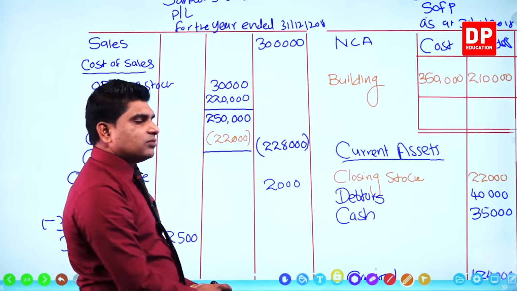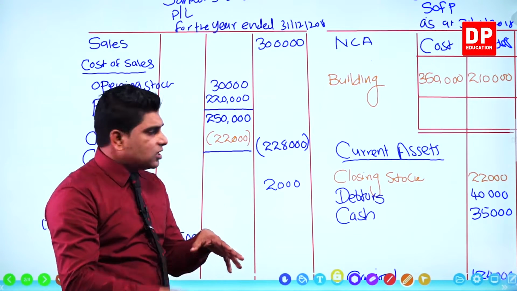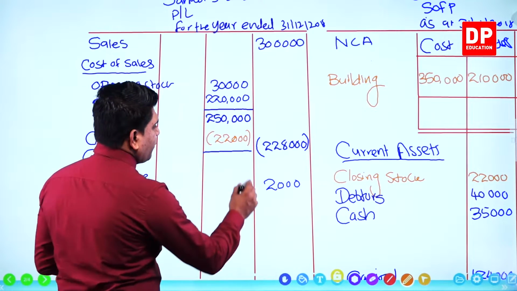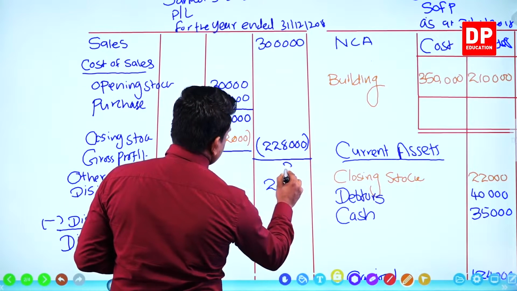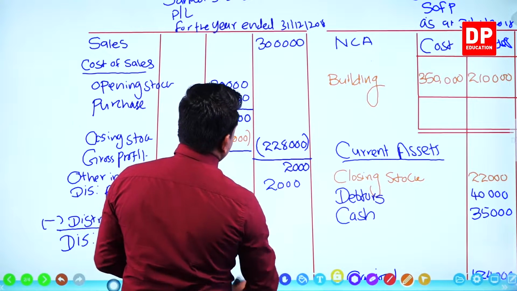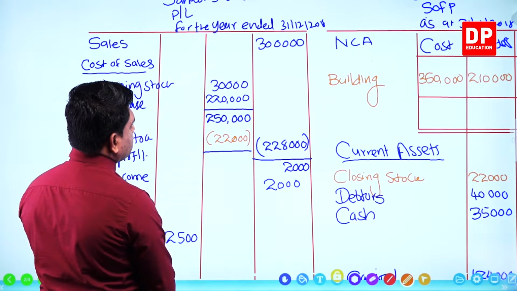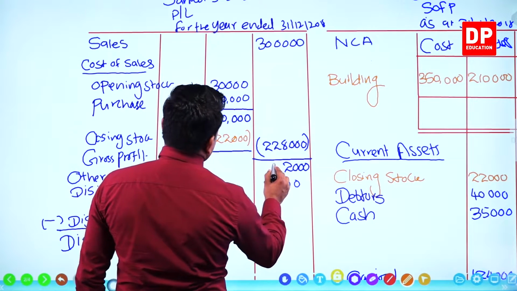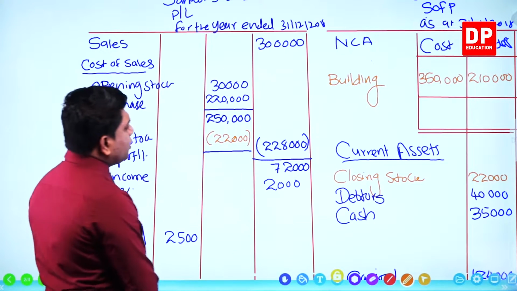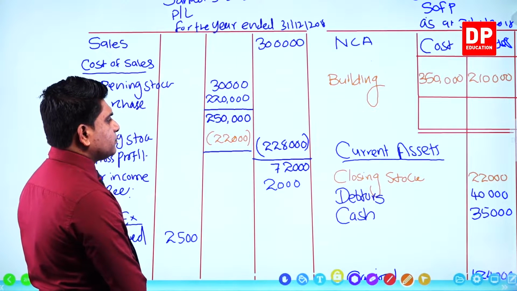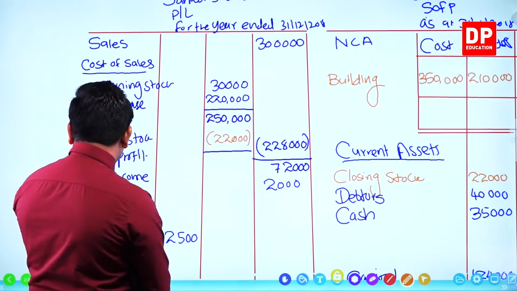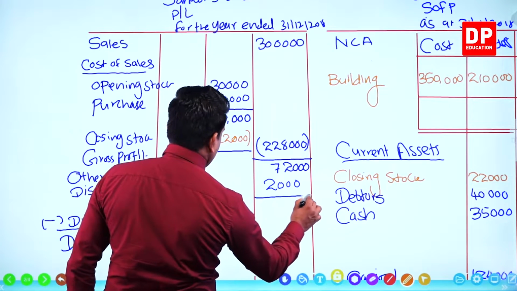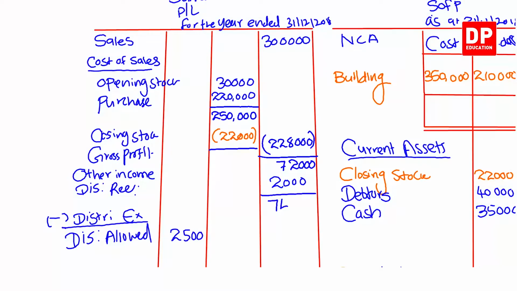Your sales income is 300,000, but the cost is 228,000. Then you can see the gross profit, how much? 72,000, right? 72,000 plus discount received 2,000, 74,000, right?